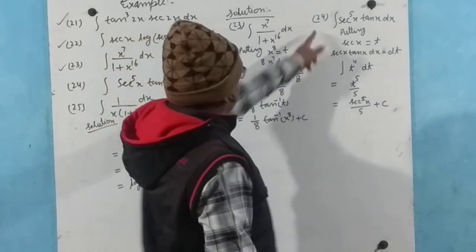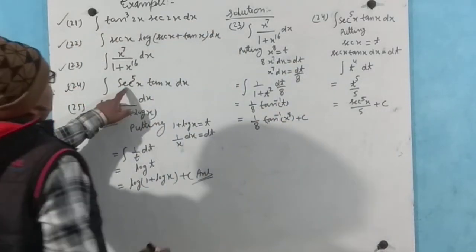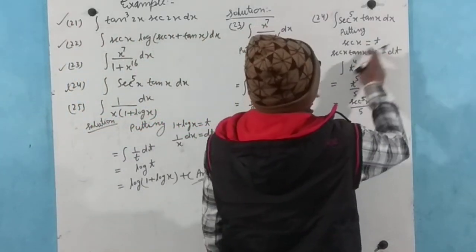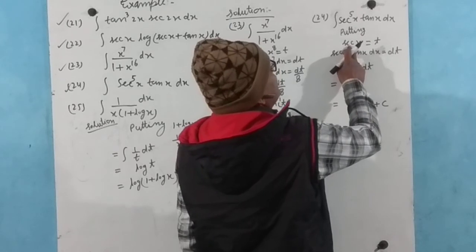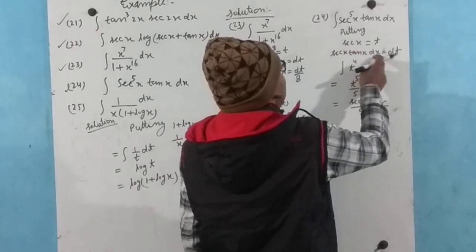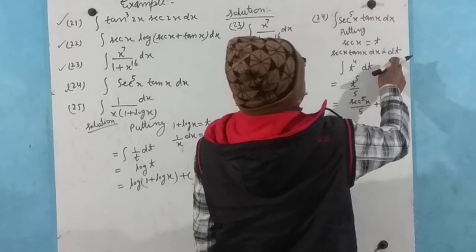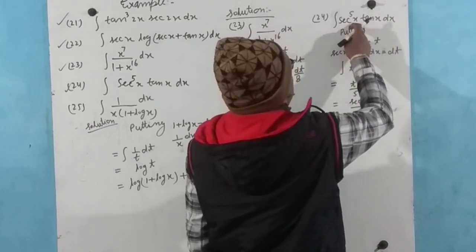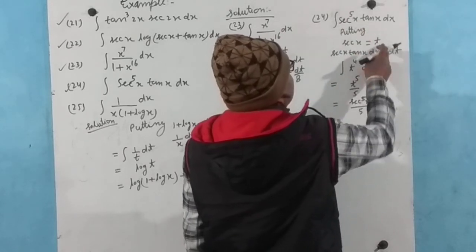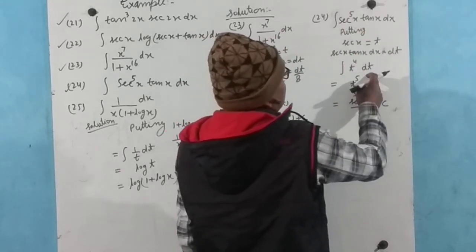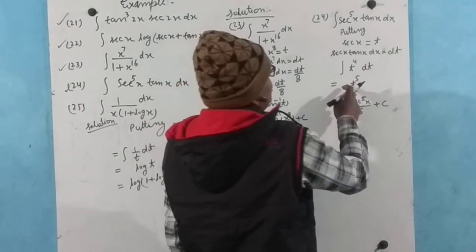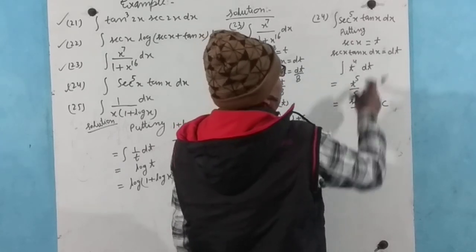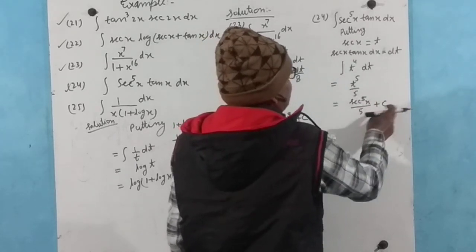This is the answer. Now question number 24 here, sec to the power 5x tan x dx, putting sec x equal to t, so that sec x tan x dx equal to dt, and sec to the power 4x, so that t to the power 4 dt, and integration of this is t to the power 5 divided by 5, and putting the value of t, sec x to the power 5 by 5 plus c.